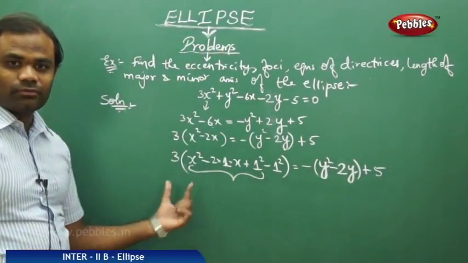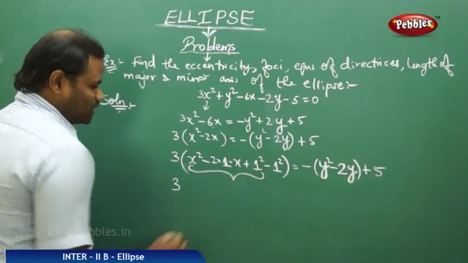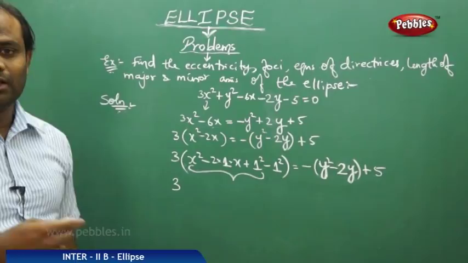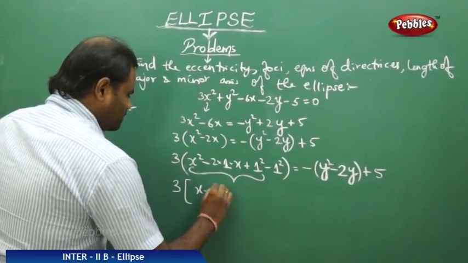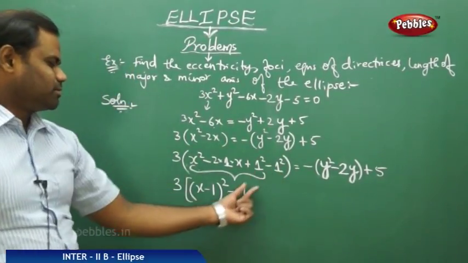So this continued with the next step gives me 3 times of this, a squared minus 2ab plus b squared, which reduces to the formula a minus b whole square. So this is a minus b whole square minus 1 square, which remains as 1.